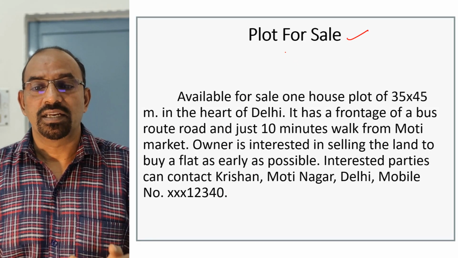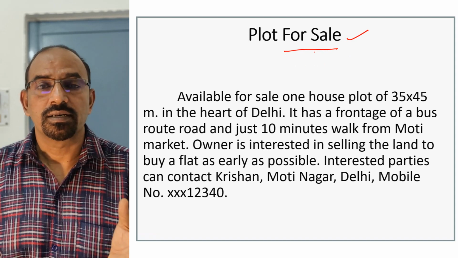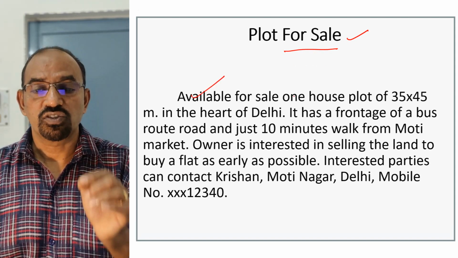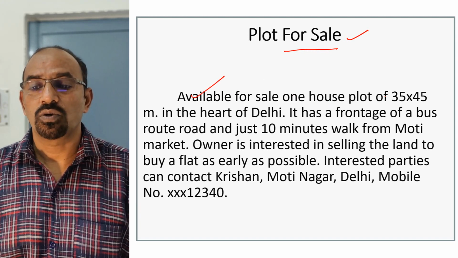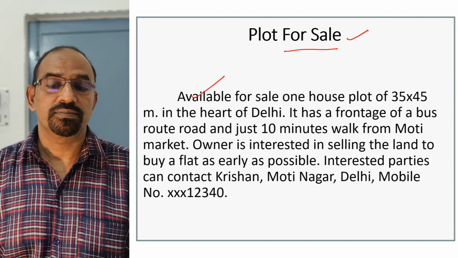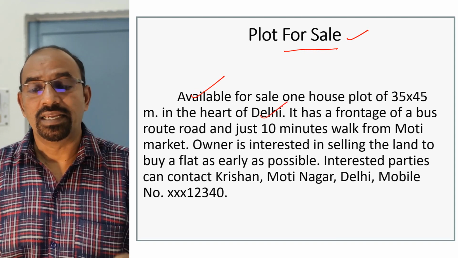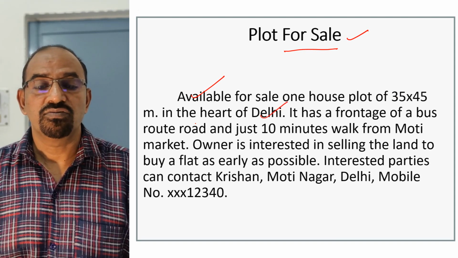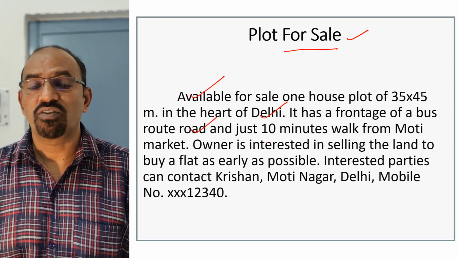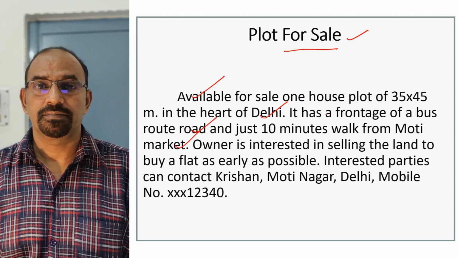This is the title, for sale. Here, plot for sale. Available for sale, one house plot of 35 into 45 meter square in the heart of Delhi. It has a frontage of a bus route road and just 10 minutes walk from Moti market.